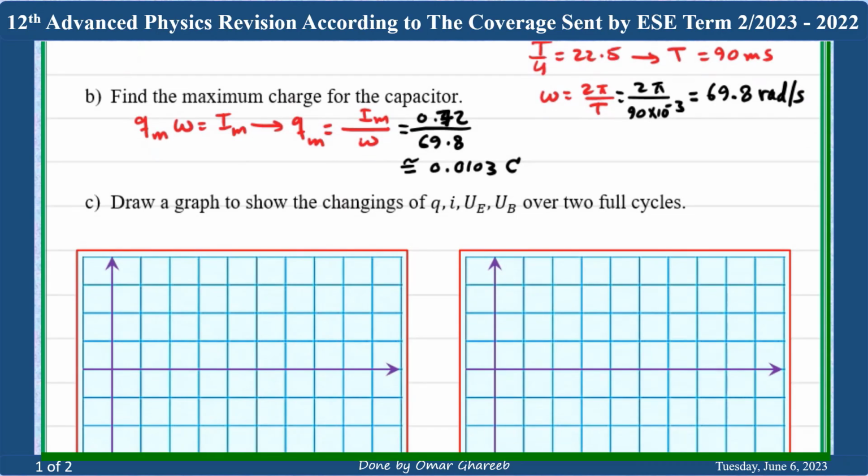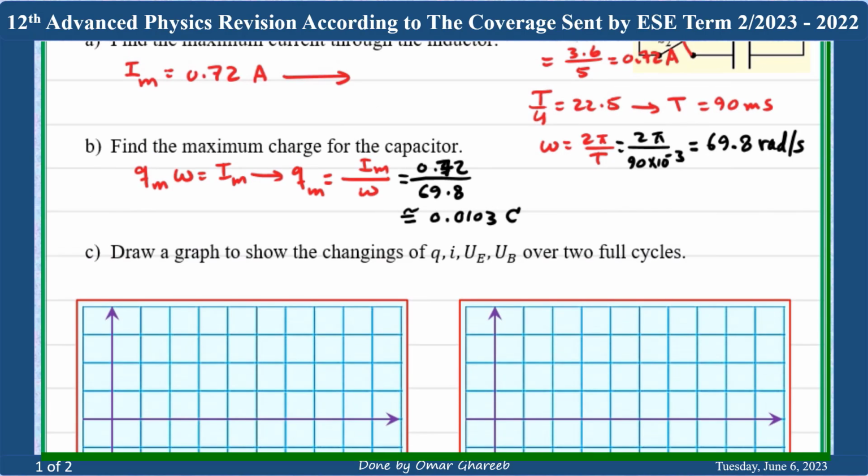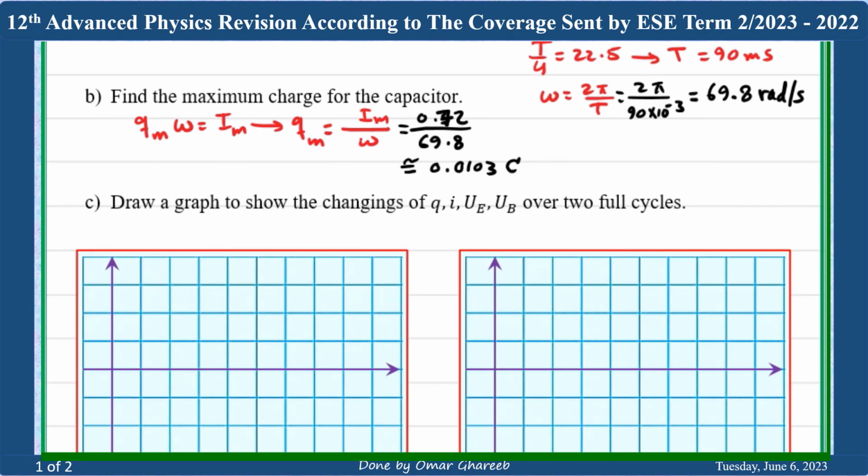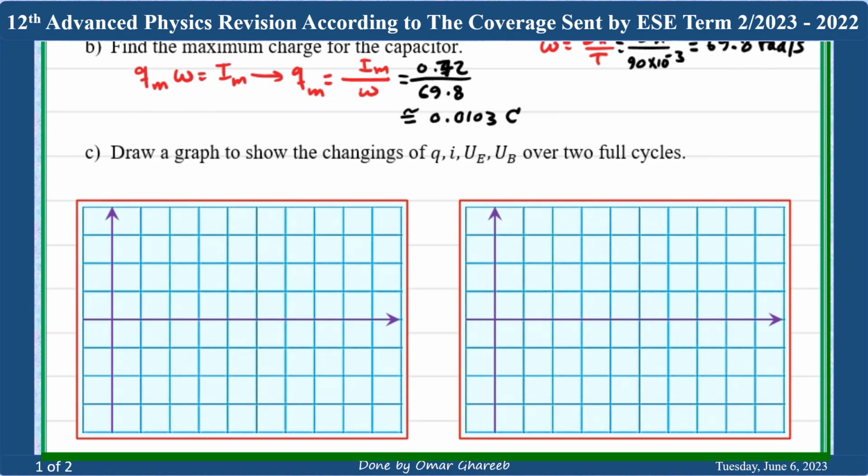Now for C, draw a graph to show the changing of Q, I, UE and UB. Here we need to take care of something, but first let's draw the current I in amperes.